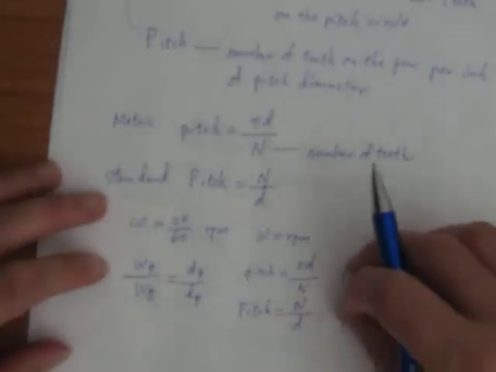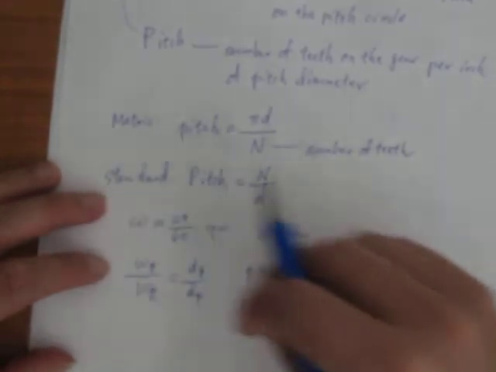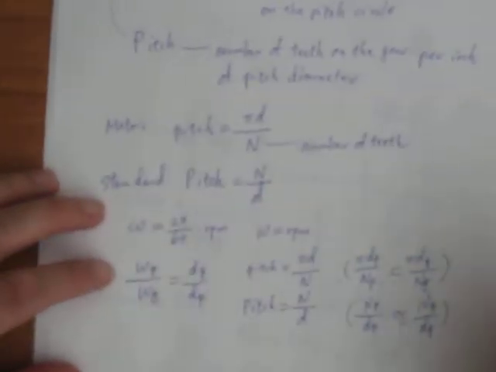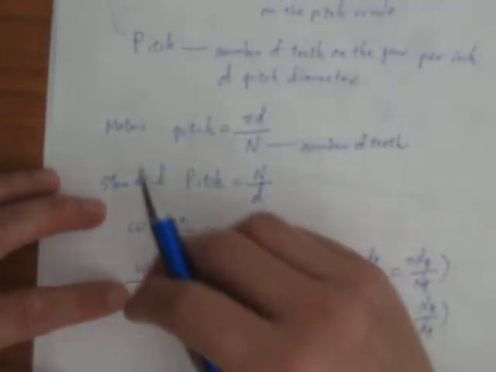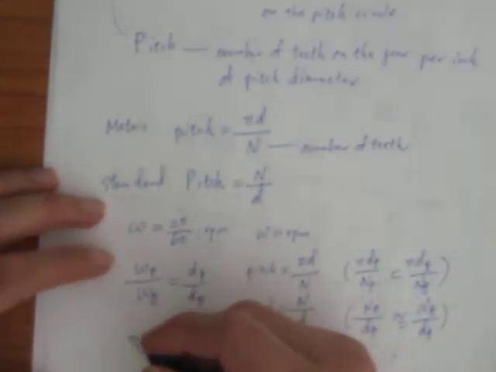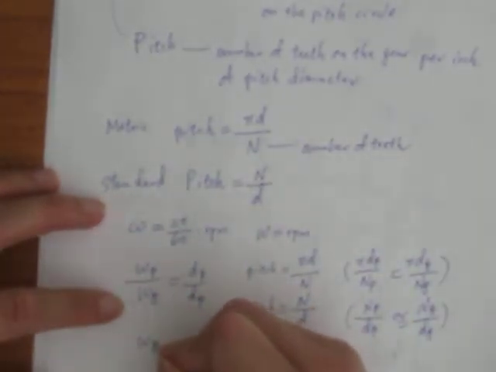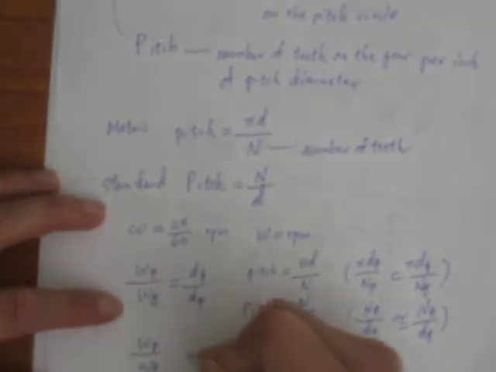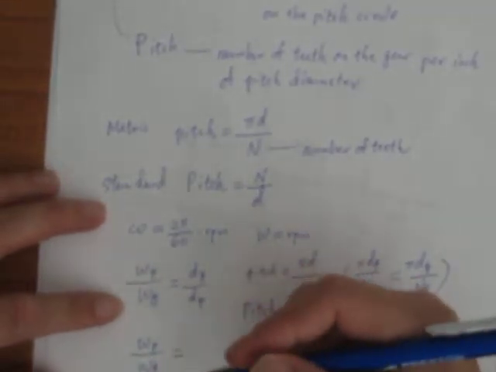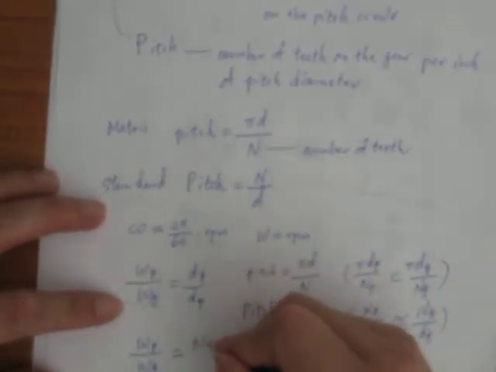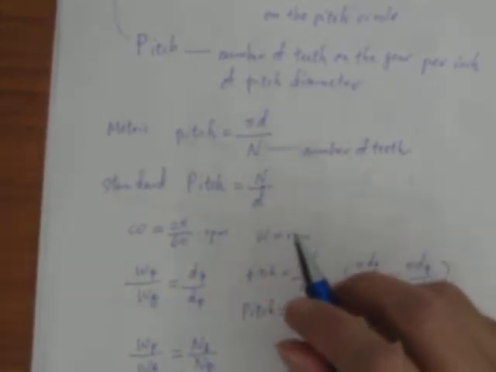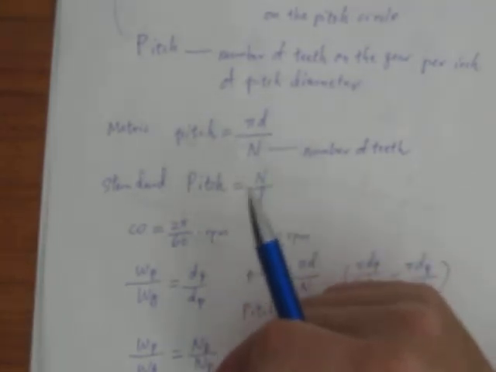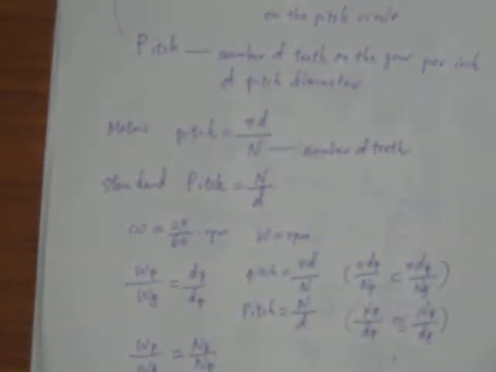And from that, if you substitute this one in here, you'll find out actually WP over WG is equal to NG over NP. So reverse proportion to number of teeth. All right.